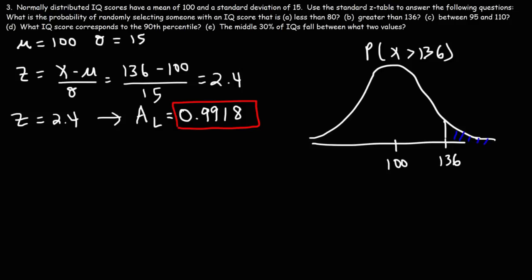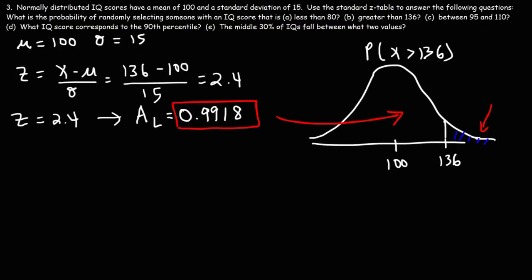The positive z-score table gives us the area to the left. So that is the area highlighted in red. So that area is 0.9918. We want to find the area highlighted in blue.